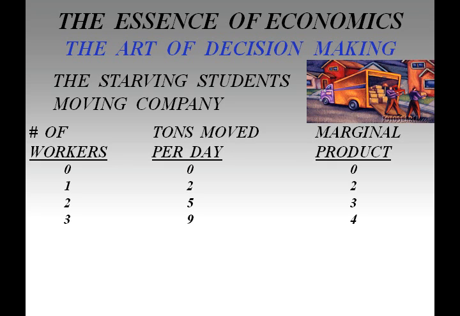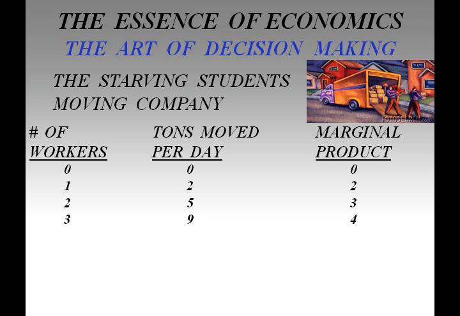And as they add the third worker, we see an increase in total production and also our marginal or incremental production. At this point, they seem to be growing and successful, more productive and obviously more efficient.